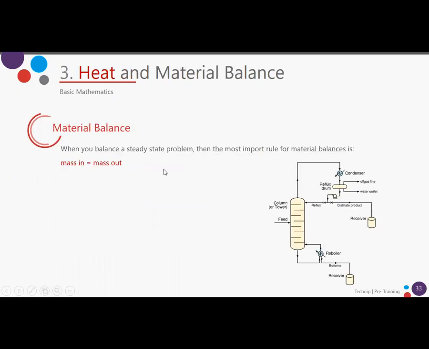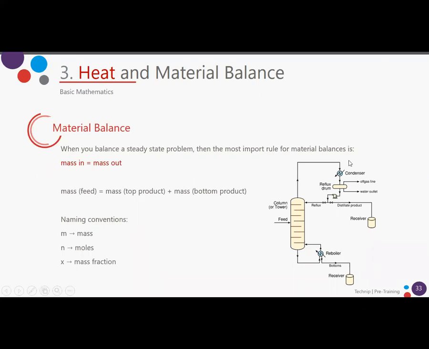Okay, now we arrived at the last chapter. We will see one example for material balance and then another one for heat balance. So when you balance a steady state problem, the most important rule for material balances is that all mass in is all mass out.